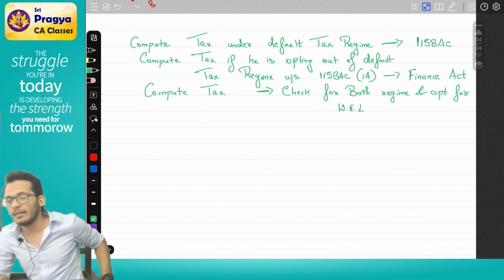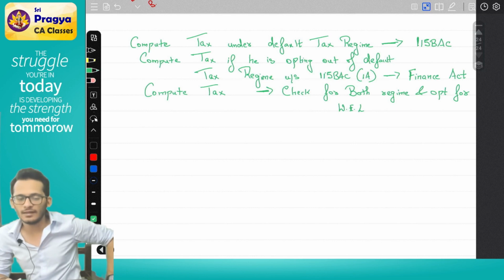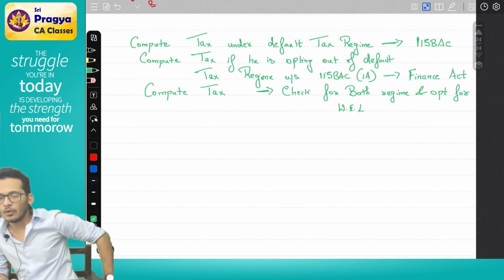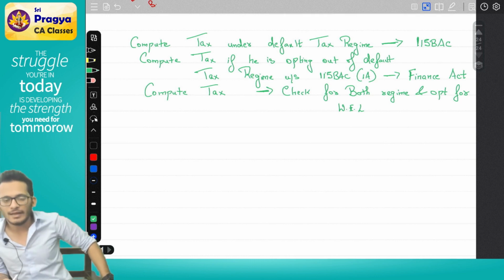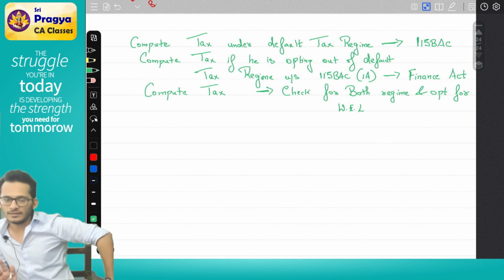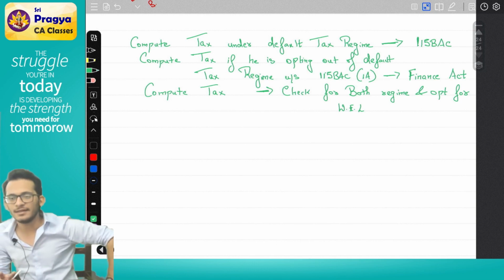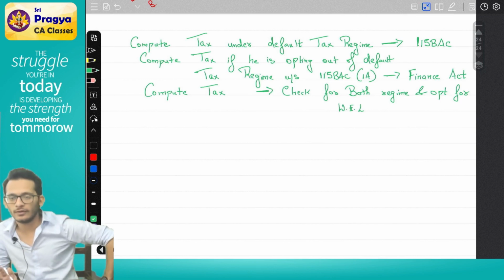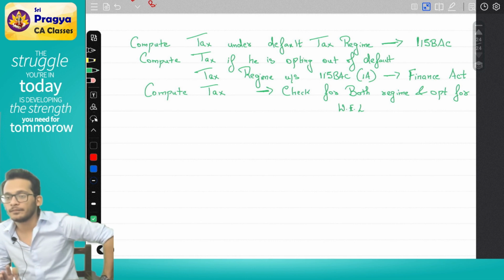Normally, in new questions, they will always test you on the default one, which is 115BAC. Which means going forward, for your May exam, 99% of the questions they will only check you on 115BAC. Unless and until they specifically tell you to opt out, you always have to check for 115BAC. Clear?